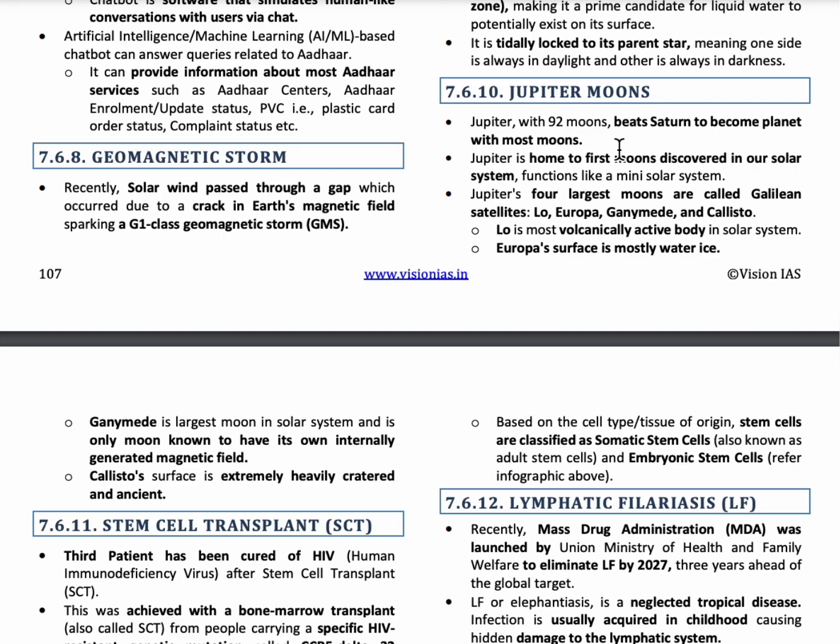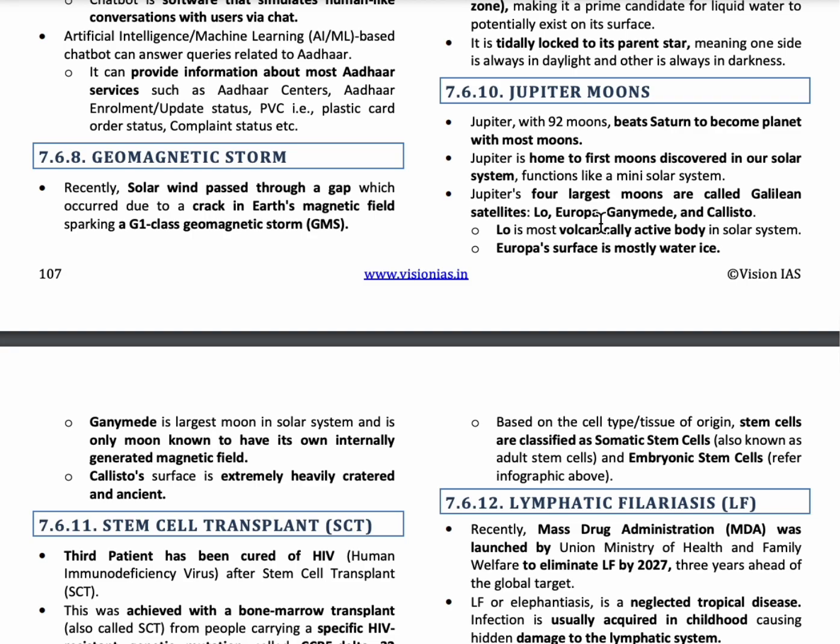The four largest moons of Jupiter are Io, Europa, Ganymede, Callisto. Io is the most volcanically active body in the solar system.